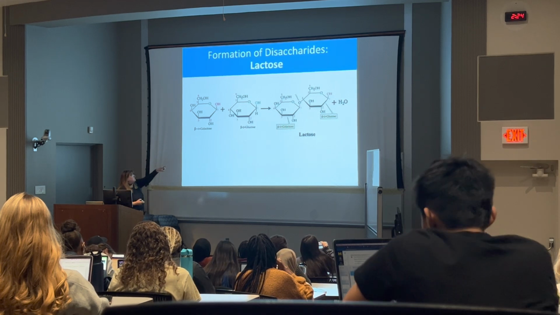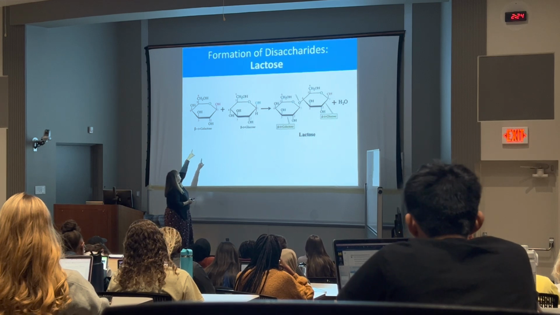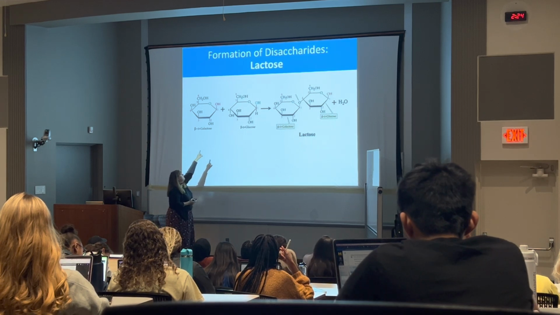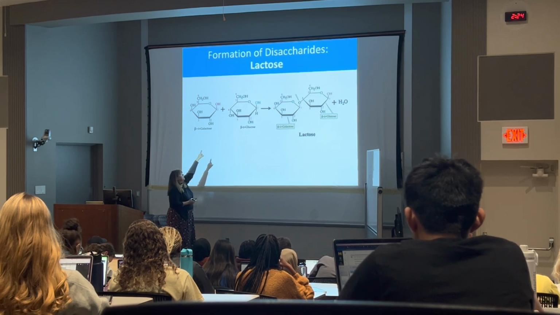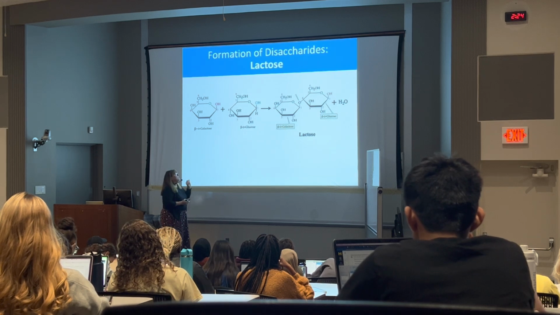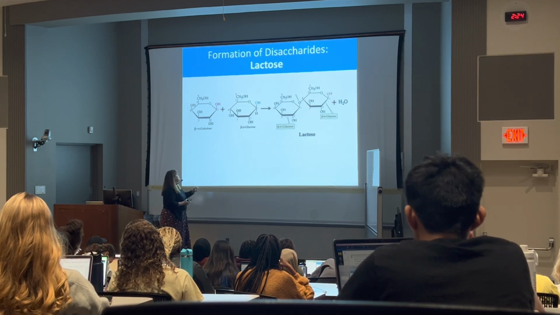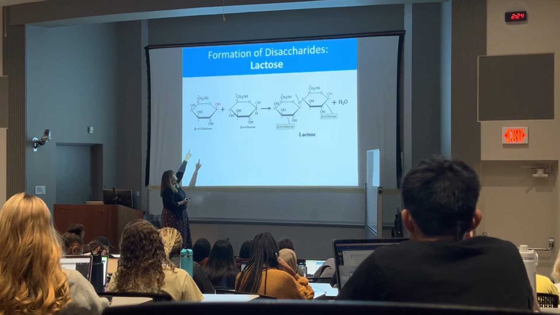To form lactose, we are going to take the anomeric carbon from the galactose and bind it to the oxygen on carbon 4 of the glucose. Now we are going to call it a beta 1,4 linkage because the beta is defined from the anomeric carbon that's in the reaction.